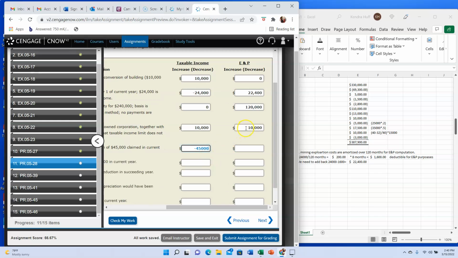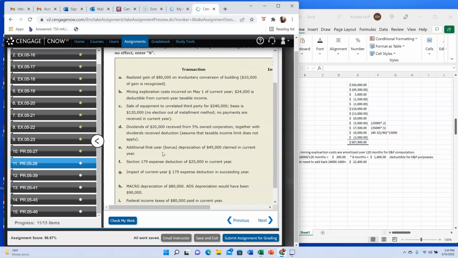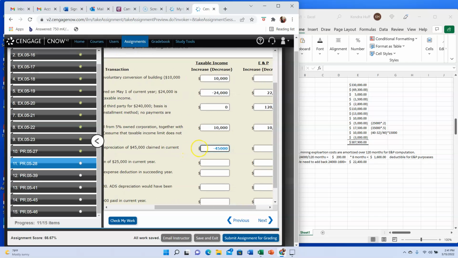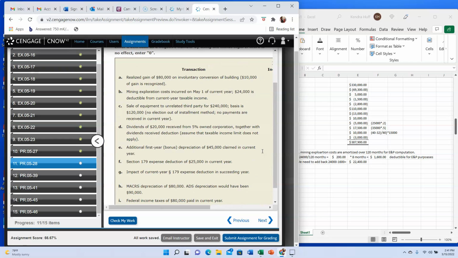All right, we're just adding back the 10 because they subtracted 10. So their net increase in taxable income was 10, and then we're just going to add back the 10 for the dividend received deduction. All right, so on this one, additional first year bonus, they're going to get the minus $45,000 for the depreciation bonus. And then we're going to add that back to E&P.